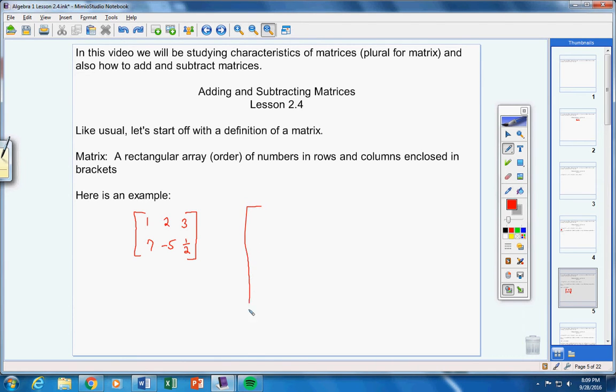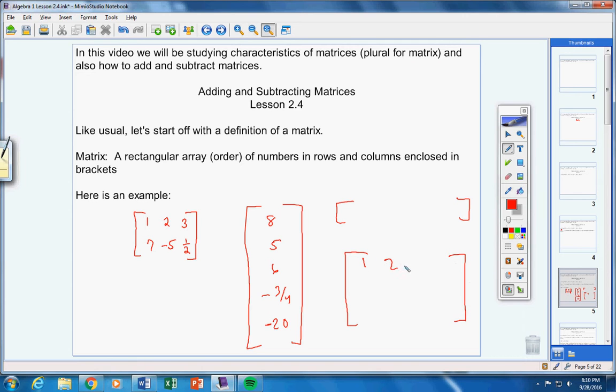It can be really long, which is one row of numbers, 8, 5, 6, -3/4, -20. It could have a lot of numbers. I'm just going to count 1, 2, 3, 4, 5, 6, 7, 8, 9, 10, 11, 12.